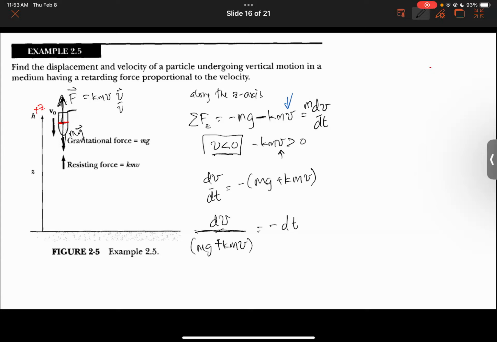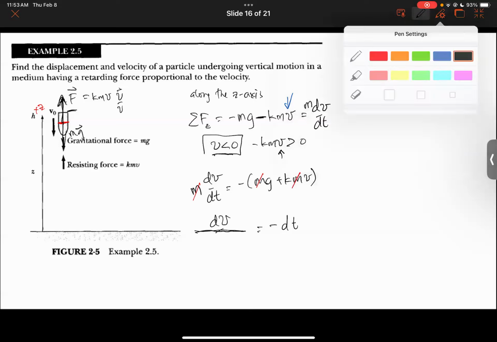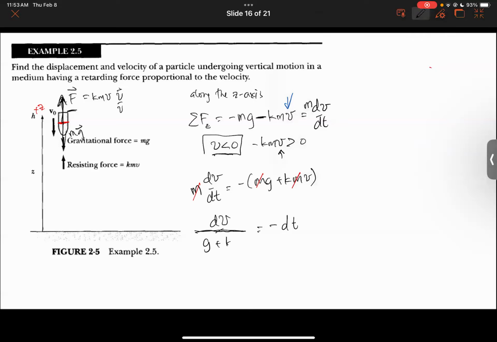May m kasi dapat dyan. May m dito at makakancel lahat ng m. So, dv over g plus kv.